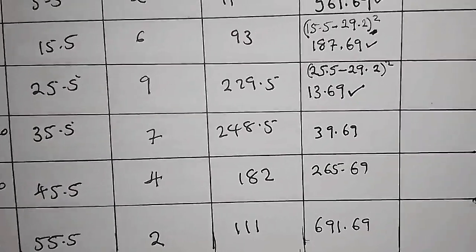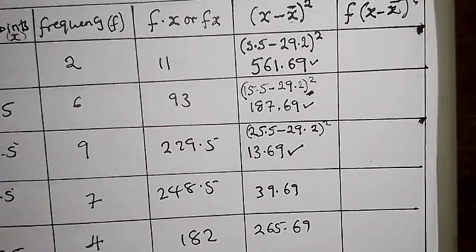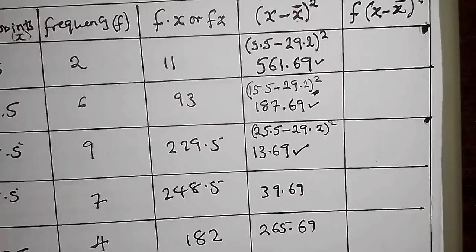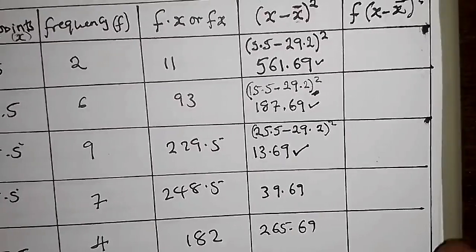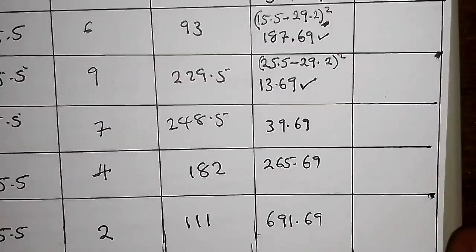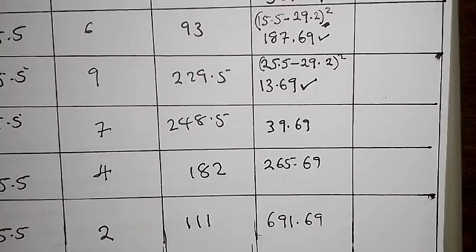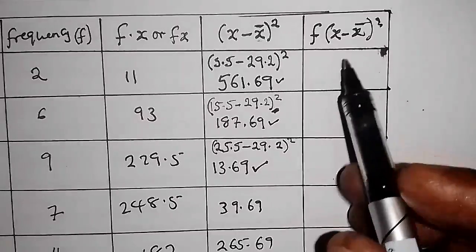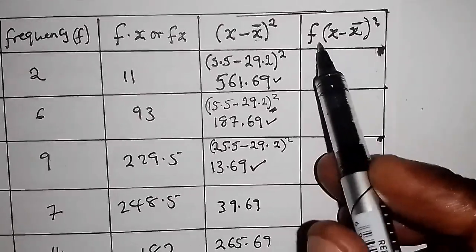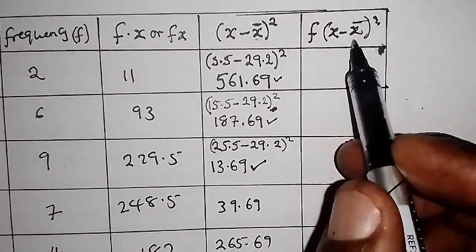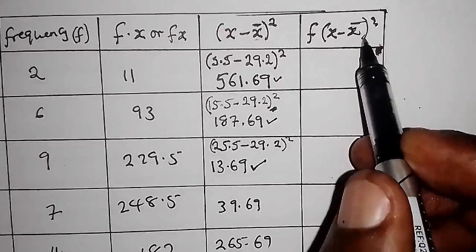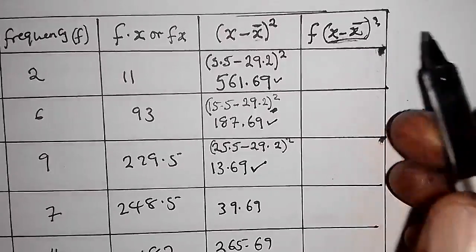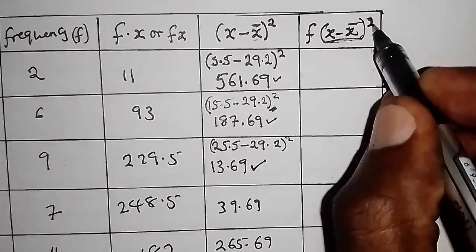Now again the last column. In the final exam, we have to be a bit fast, but again, we have to be careful with our fastness. So now the last column says it is f times this bracket. We know that this part is x minus the mean, then the square.